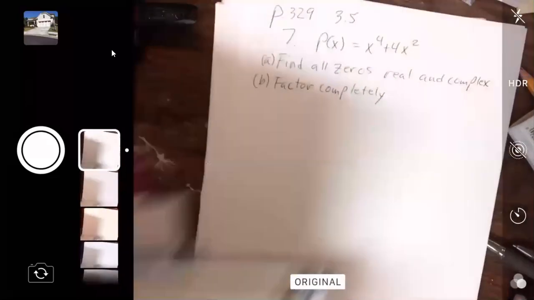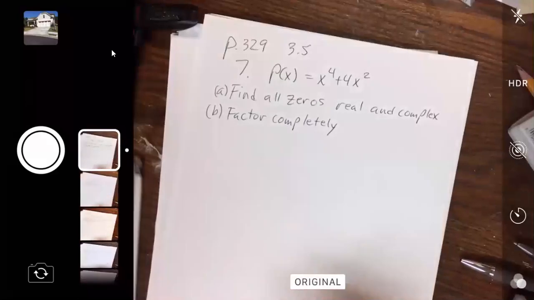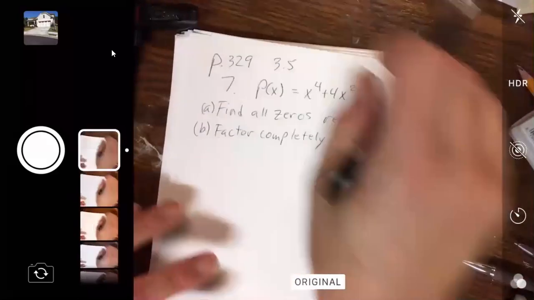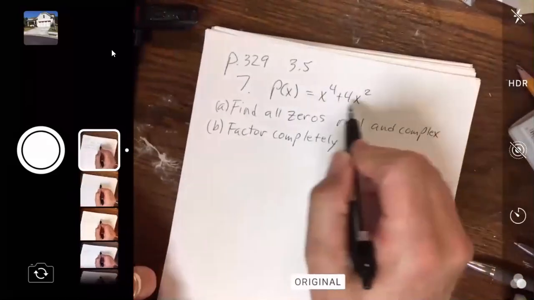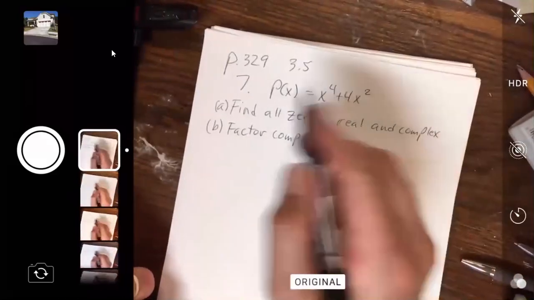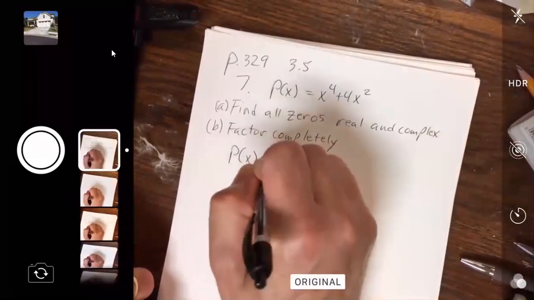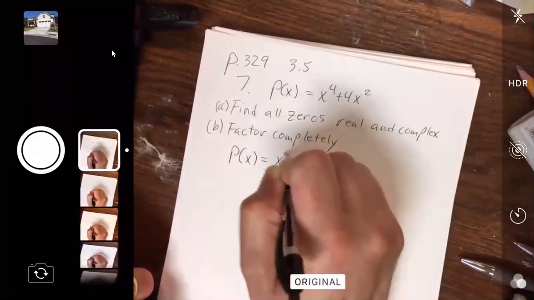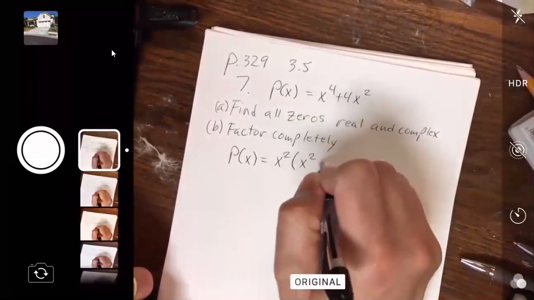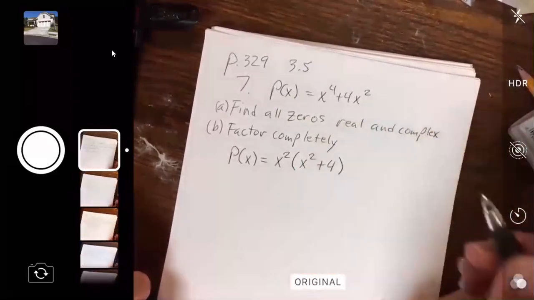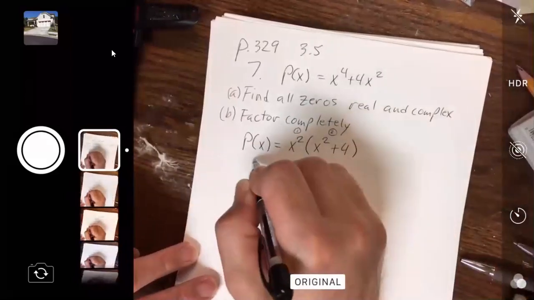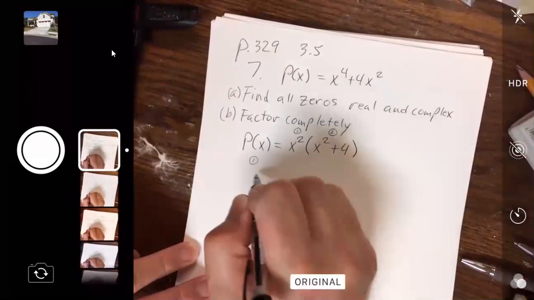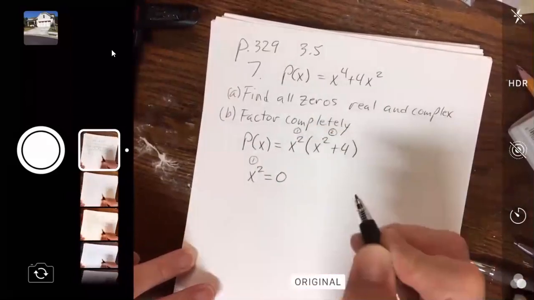Whenever you go to factor something, think common factor first. Is there a common factor? Sure enough, there is: x squared. So we can write this as x squared times x squared plus 4. I'm going to call this factor 1, factor 2. You're setting each one to 0, so x squared equals 0.